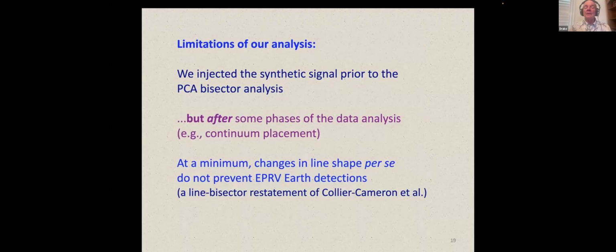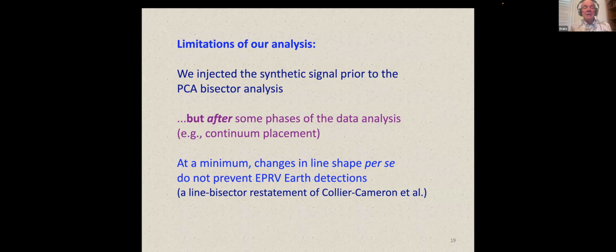So this analysis has some limitations. The good part of it is when we injected the synthetic signal prior to doing the PCA bisector analysis, the synthetic signal was in there at the beginning.